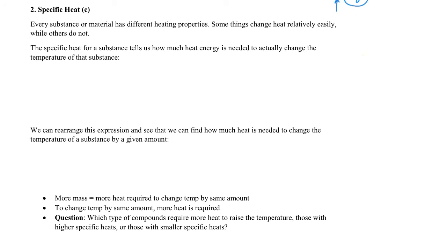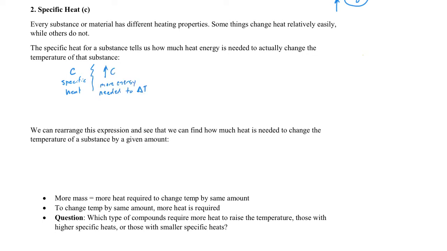Every substance or material has different heating properties. So in my example earlier, I was talking about water versus metal, right? Metal conducts heat very easily, whereas water does not because of the different properties of those materials. We take this into account by using the letter C to represent something called the specific heat. The specific heat for a substance tells us how much heat energy is needed to actually change the temperature of that substance.